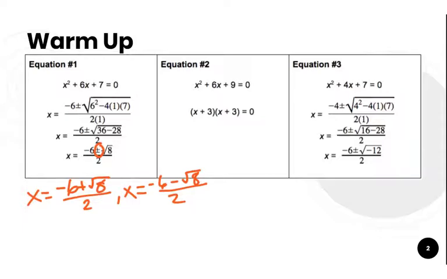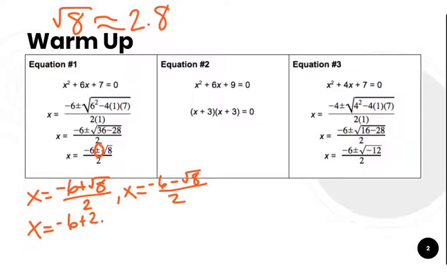And square root of 8 is about 2.8 if I'm rounding to the nearest tenth. So I'm just going to replace the square root of 8 with 2.8, and that will give me an approximate value for my roots.